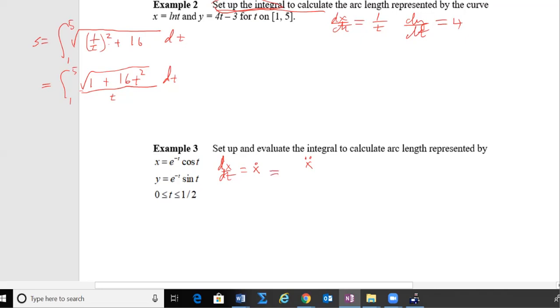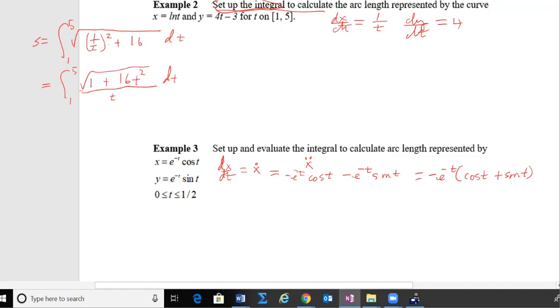So let's go ahead. We have minus e to the negative t cosine t, and then minus e to the negative t sine t, which we can write as minus e to the minus t times cosine t plus sine t.